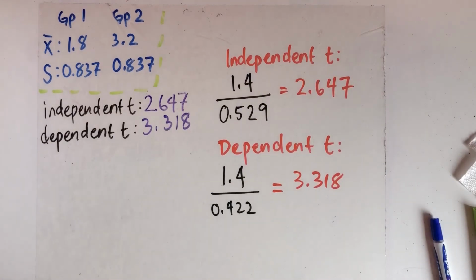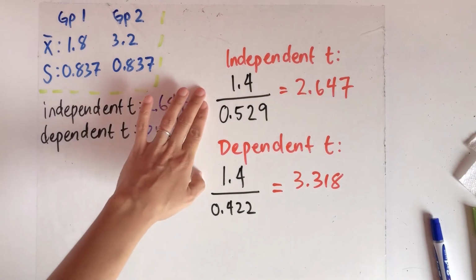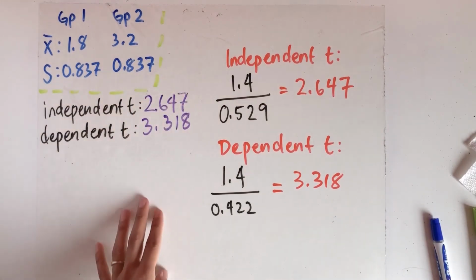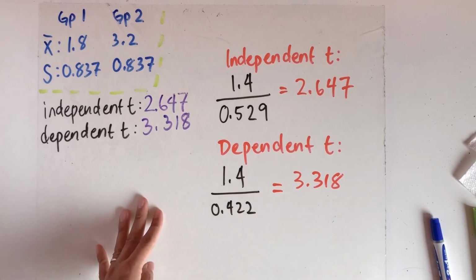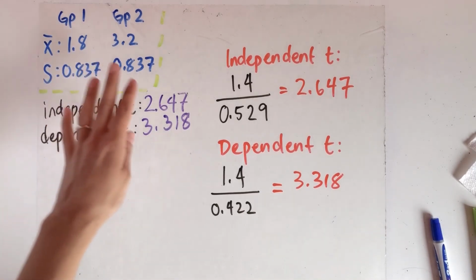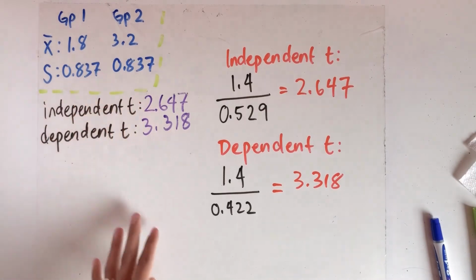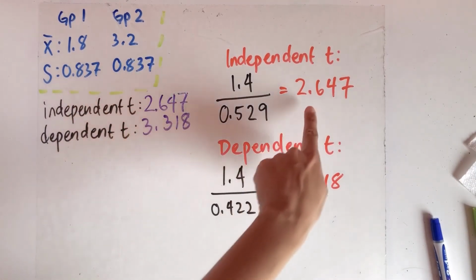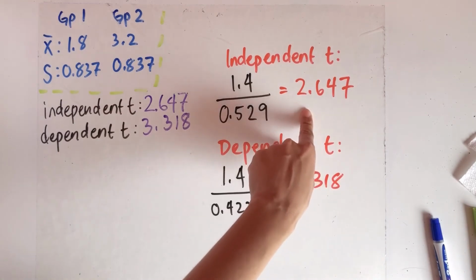Okay, we're ready to wrap up and gain some more conceptual understanding into the differences between these two t-tests. So when we did our computations all by hand, we found that the independent t statistic for group 1 and group 2 was 1.4 divided by 0.529, and that was about 2.65.